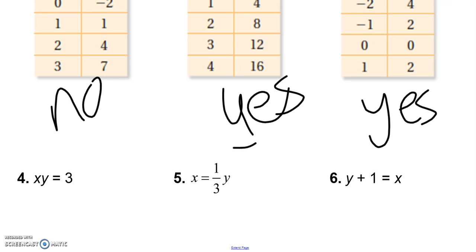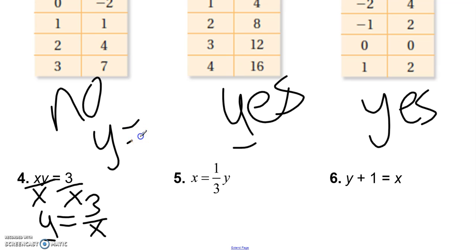So this is, divide by x, divide by x, we have y equals 3 over x. Is that in y equals kx form?